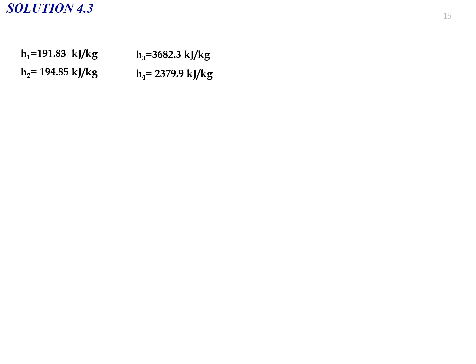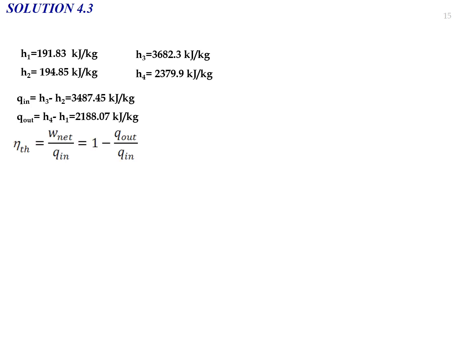Okay, so now we have obtained all the values of H1 until H4. Calculate Q in. We get Q in equal to H3 minus H2 equal to 3487.45 kJ per kg, and Q out equal to H4 minus H1 equal to 2188.07 kJ per kg. Substitute the new values of Q in and Q out into the thermal efficiency equation.